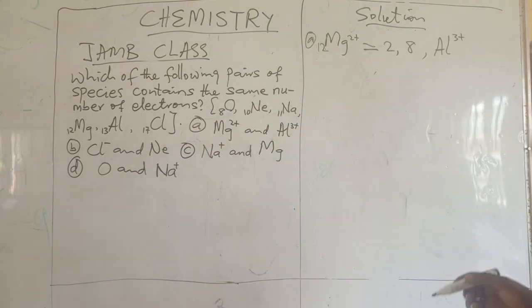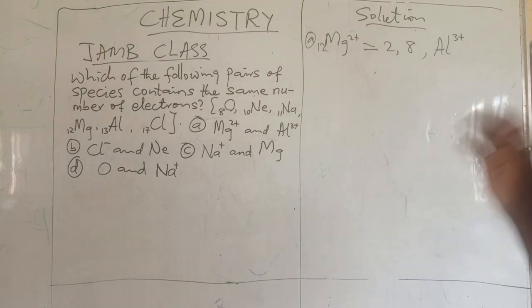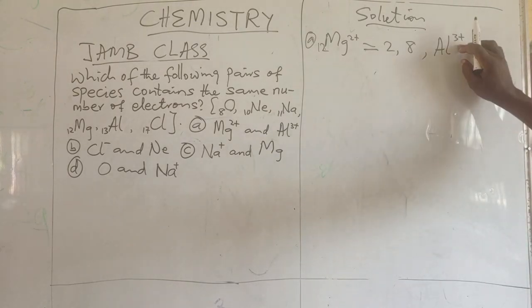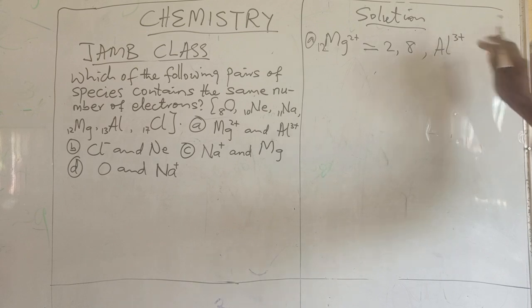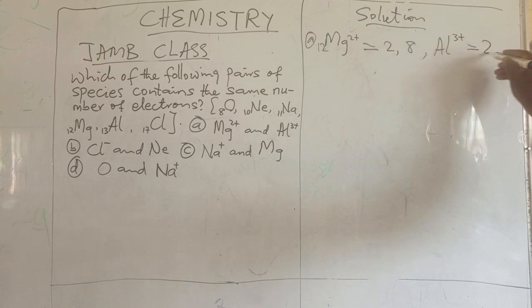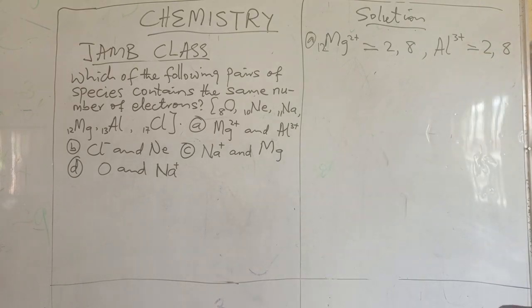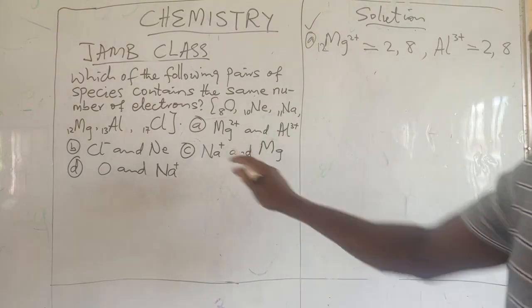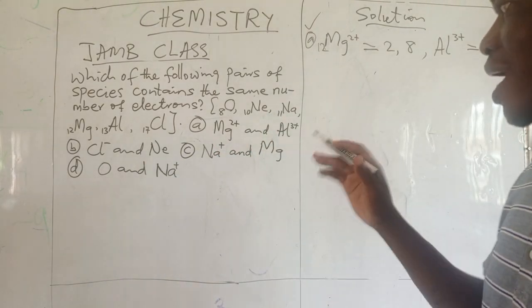So 13 electrons when no electron left the atom. By the time it gives out 3 from 13, 10 is remaining. You write 2 and 8. This and this are the same. So A is correct.